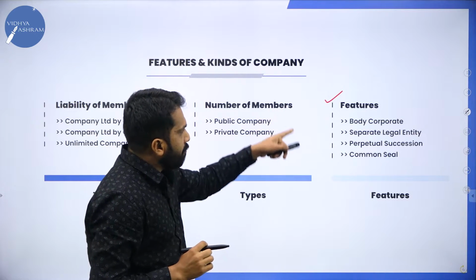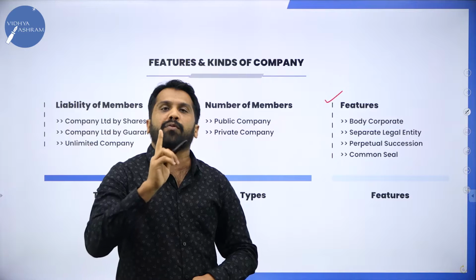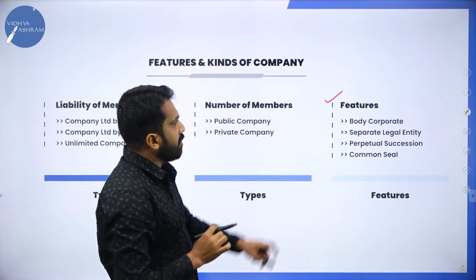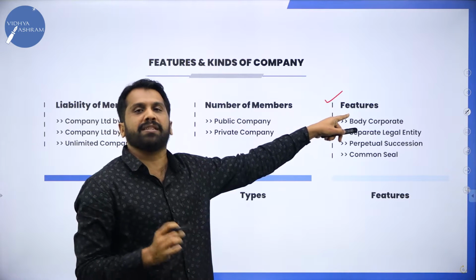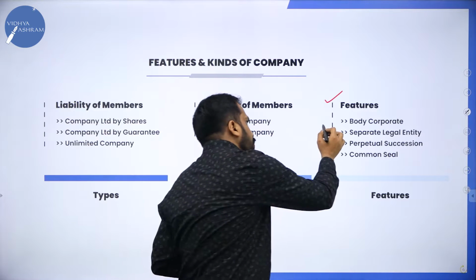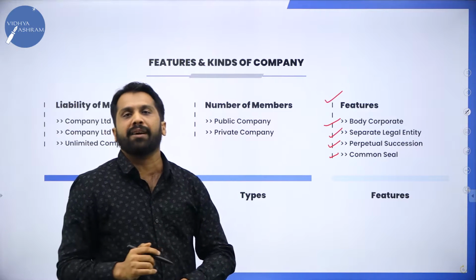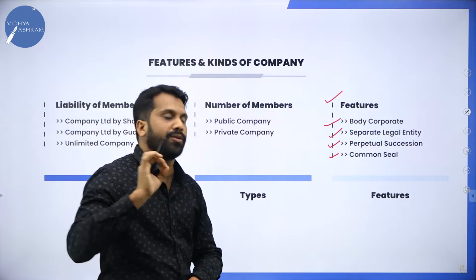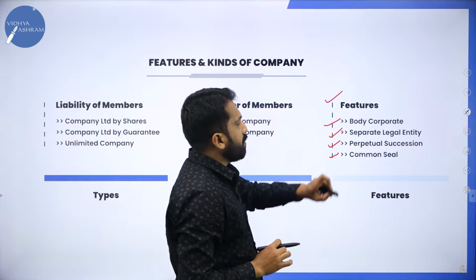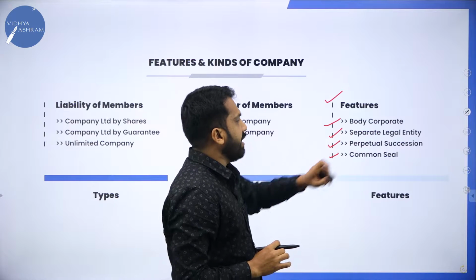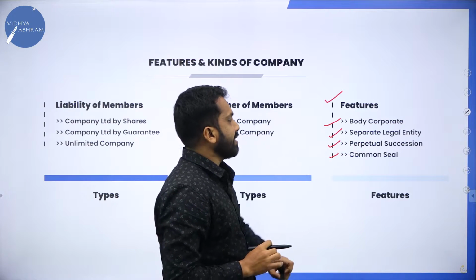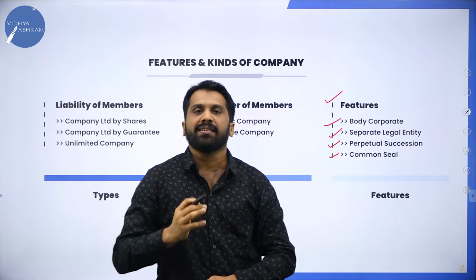Now, what are the features? For a 1 mark question, you have to mention 4 points. Which are those? Body corporate, separate legal entity, perpetual succession and common seal.